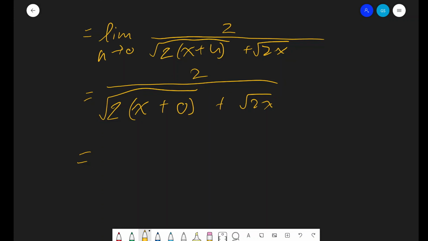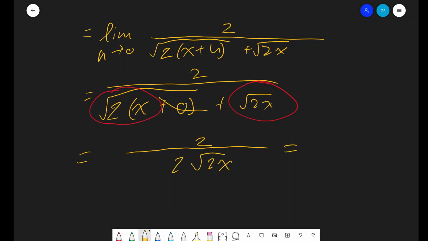All right, anyways, so that 0, that doesn't matter because 2 times 0 is nothing. So we can just ignore that. Then you get 2 over, we have one root 2x here and another root 2x here, so that becomes 2 root 2x, and then this just simplifies because the 2's cancel out, 1 over root 2x.